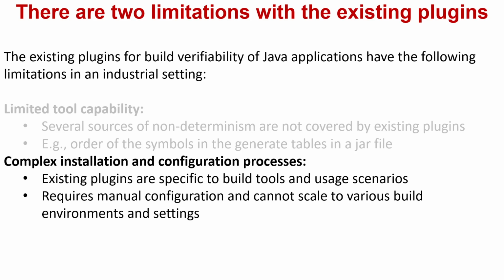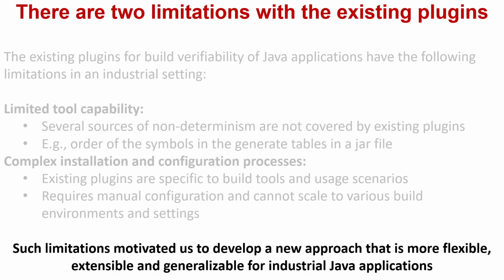Another limitation of the existing plugins refers to the need for complex installation and configuration processes, which need to be manually repeated for each build environment. These characteristics impose scalability challenges when adopting those plugins for build verifiability.